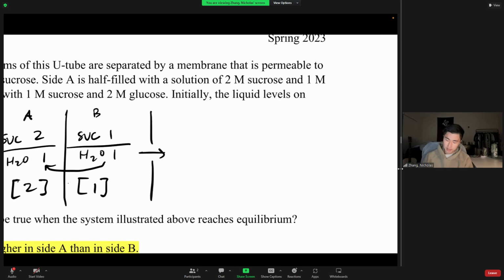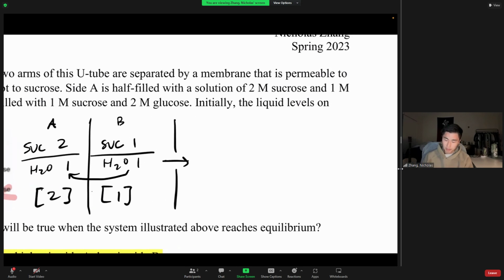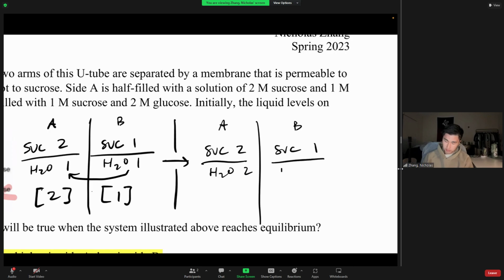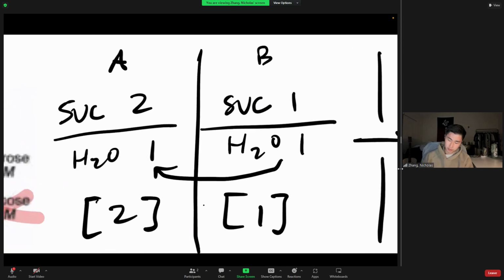So at the end, we might have something that looks like sucrose 2, water 2, sucrose 1, water 1.